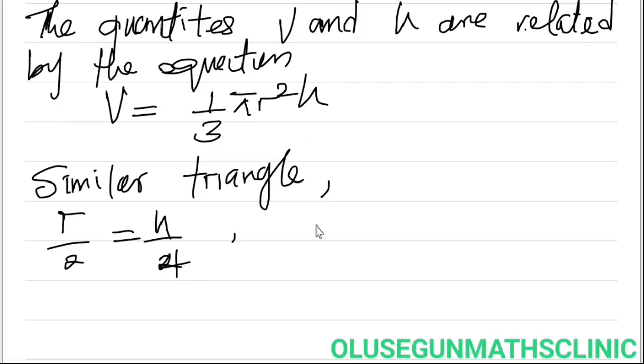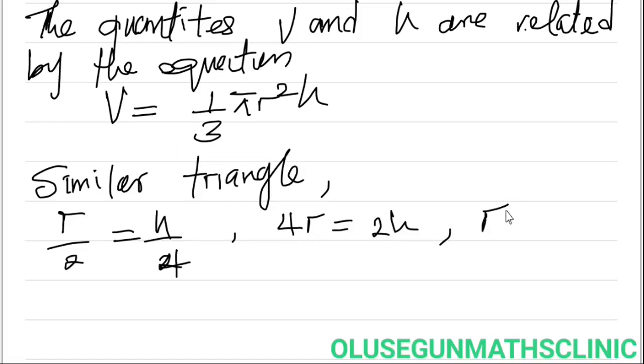So we have 4r is equal to 2h. We want to relate everything in one variable, so we can have V and h.